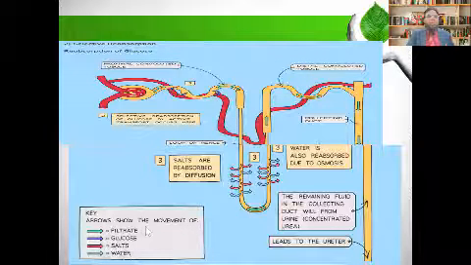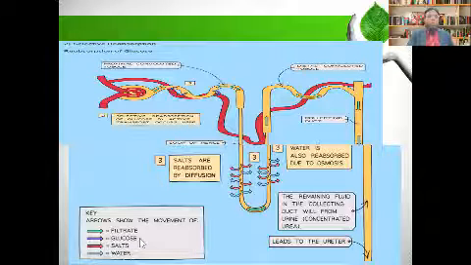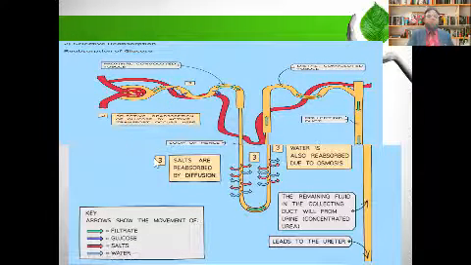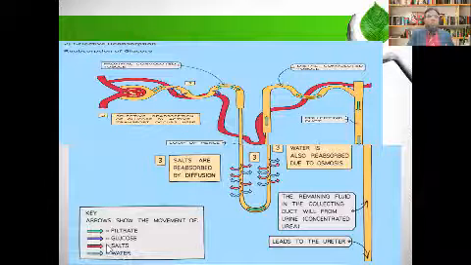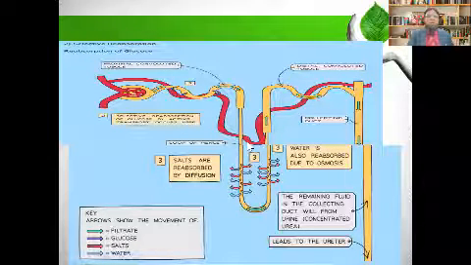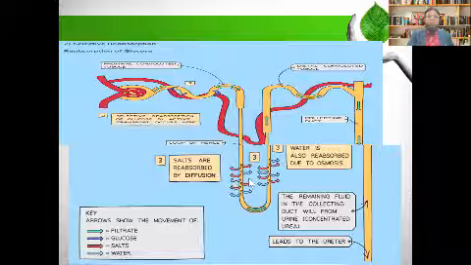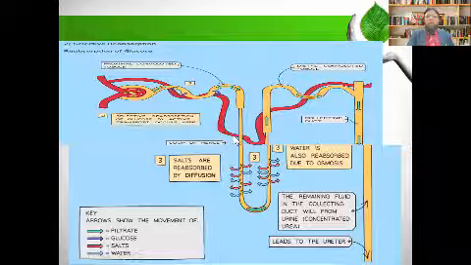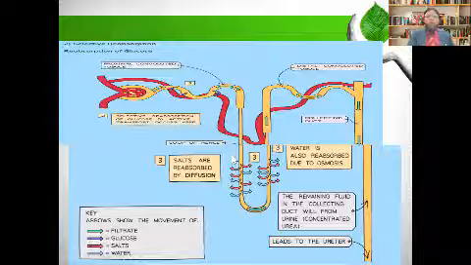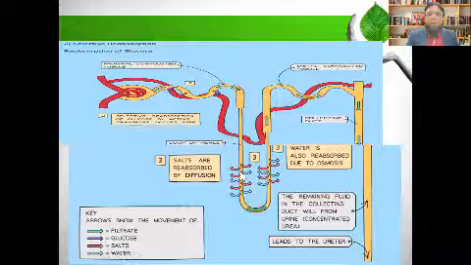This green arrow shows the filtrate, and the blue arrow shows the glucose, how the glucose is again reabsorbed into the bloodstream. And salt, you can see the light red, some amount of salt is also reabsorbed, and water in the U-tube, or the loop of Henle, is also being reabsorbed.